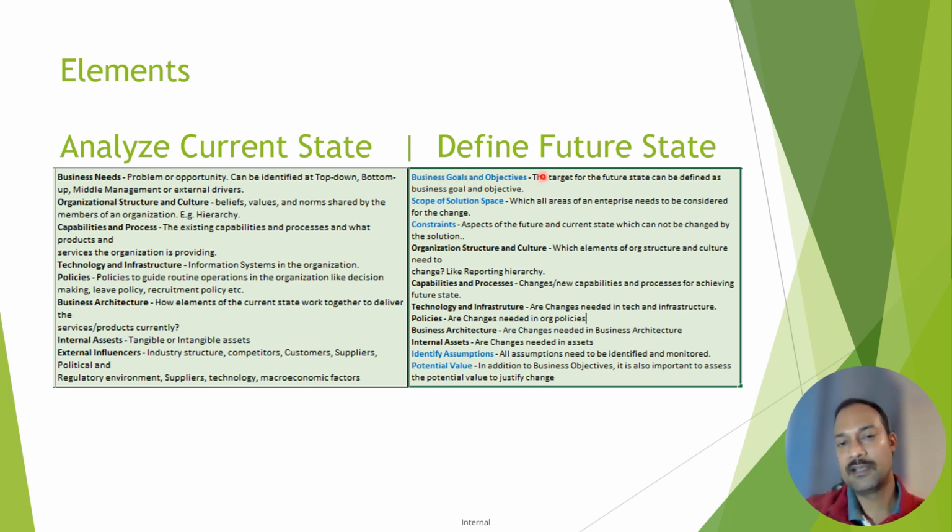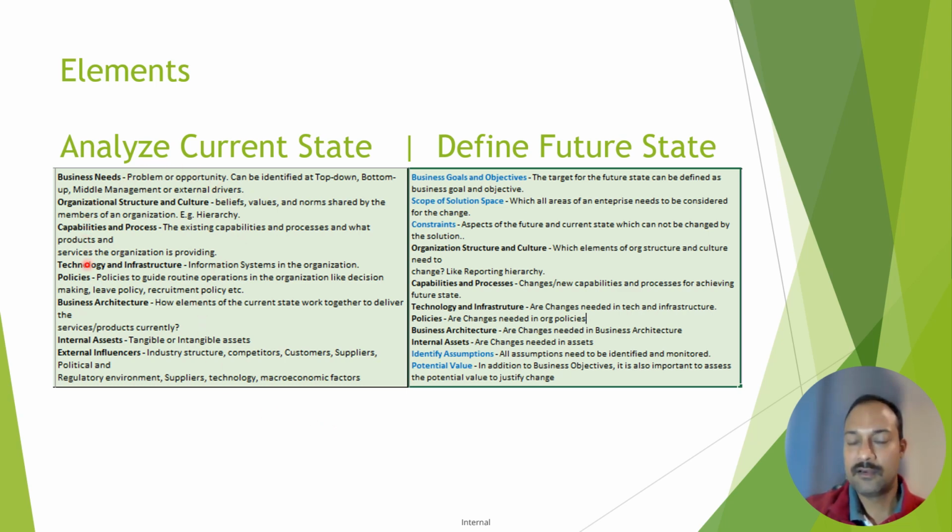Business goals and objectives are one of the outputs of the future state. Scope of solution space is another output. Constraints we have to take care of, and then identified assumptions and potential value. Potential value is an output of the future state. All other elements you can directly relate to analyze current state, because we said that current state is a base for define future state.